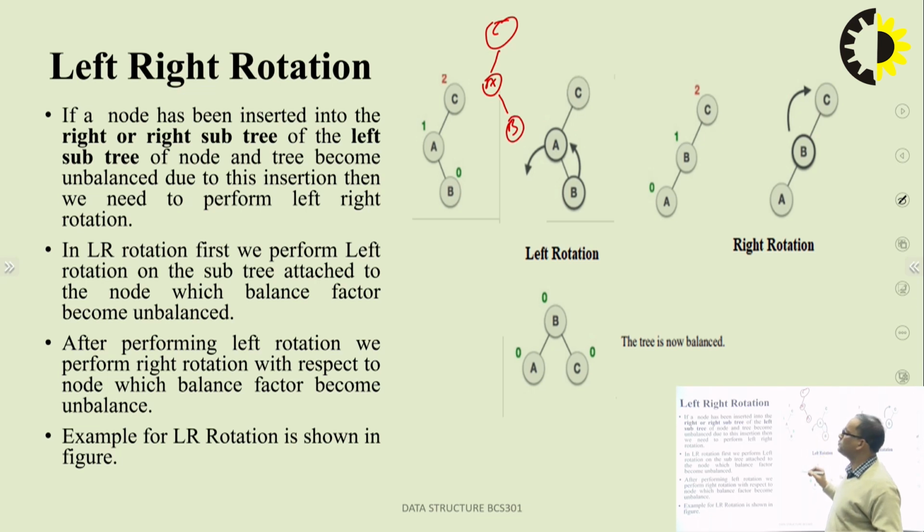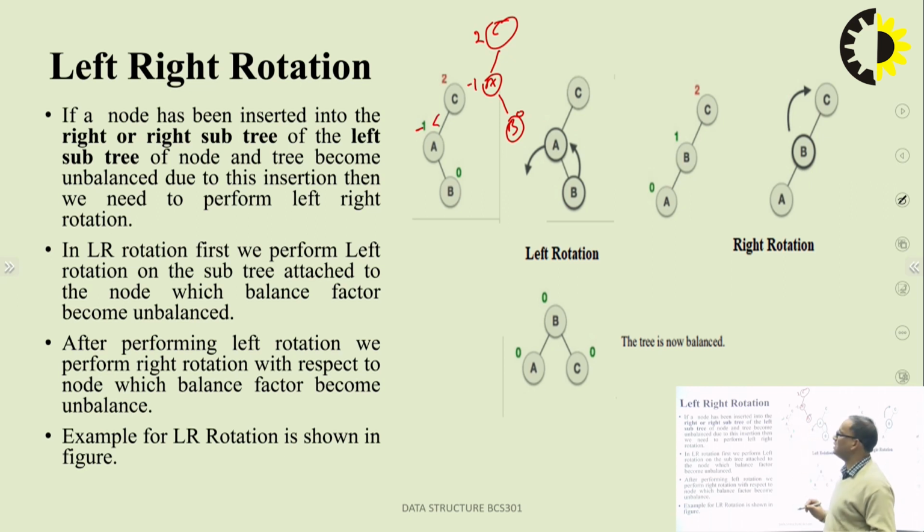Now, as soon as we insert B, the balance factor of this is 0, balance factor of this is 1, and balance factor of this is minus 1. Balance factor of this is minus 1, and balance factor of C becomes 2, because there is no right child of C. So in this case, the tree becomes unbalanced. The tree becomes unbalanced when we insert a new node in the right of the left subtree.